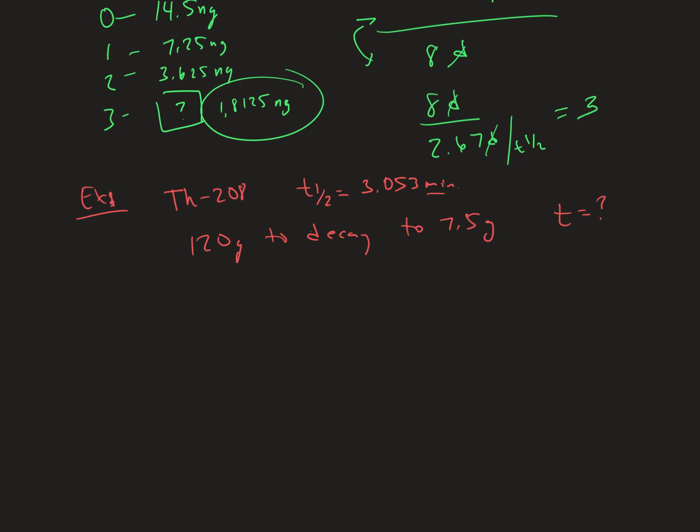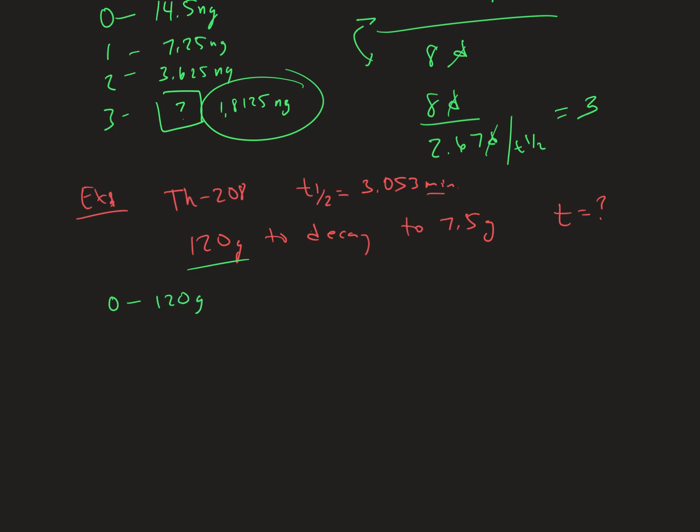Okay, so where do we start? How much do we start with? I always start here. We start with 120 grams. The 120 grams decays into less, because we started with 120 grams.